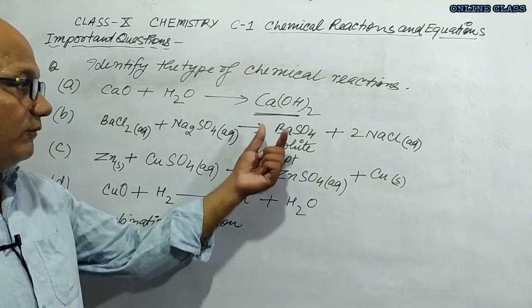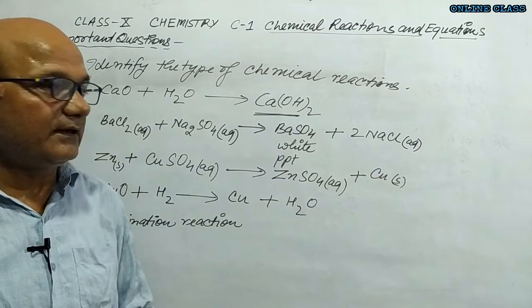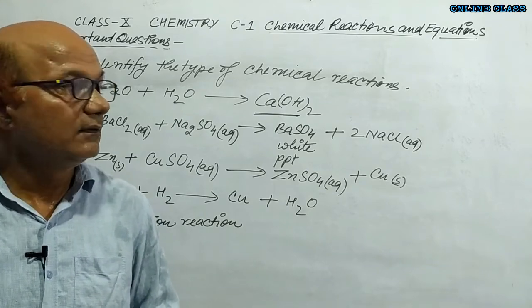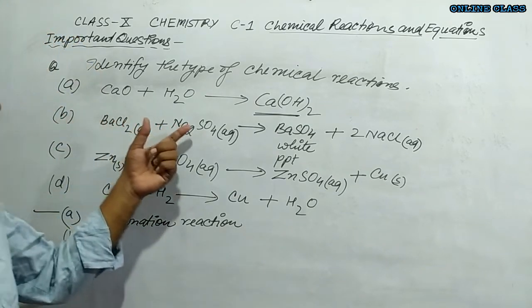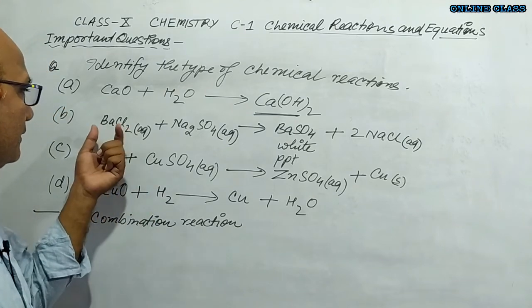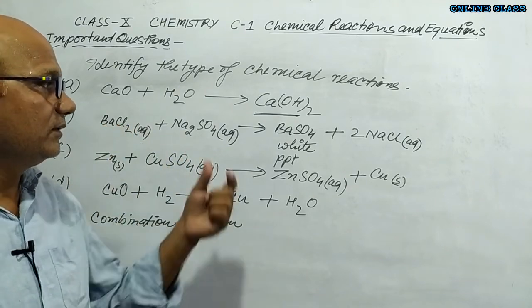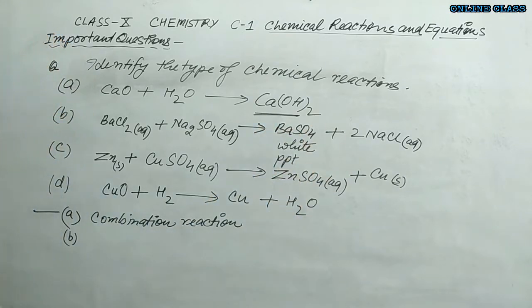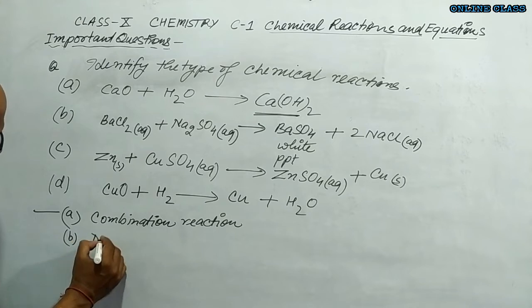A white precipitate of barium sulfate is formed along with sodium chloride. So actually there is an exchange of ions between these two compounds, and as a result two new compounds are formed. So this is a double displacement reaction.